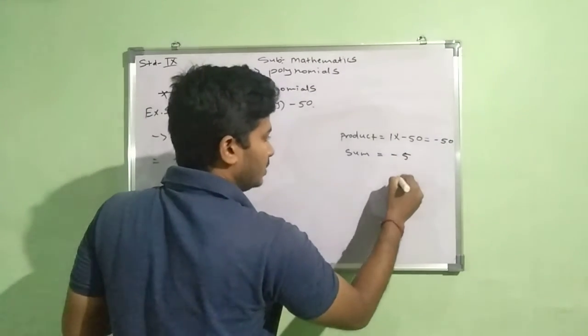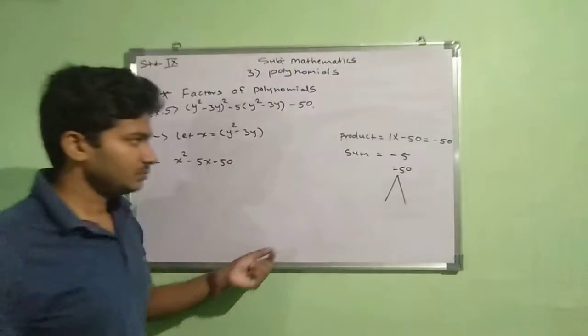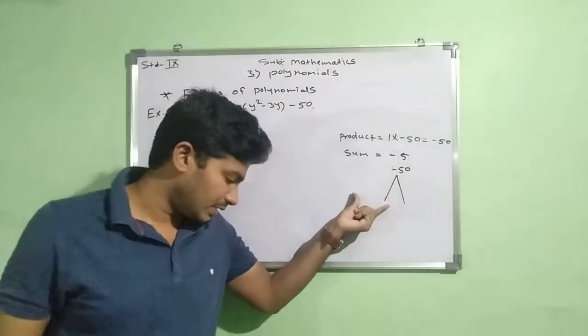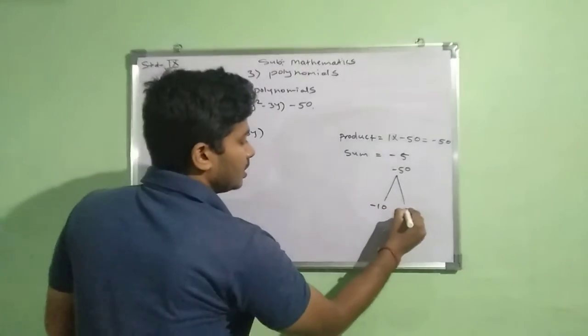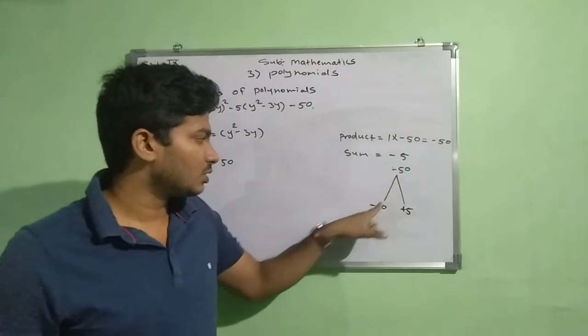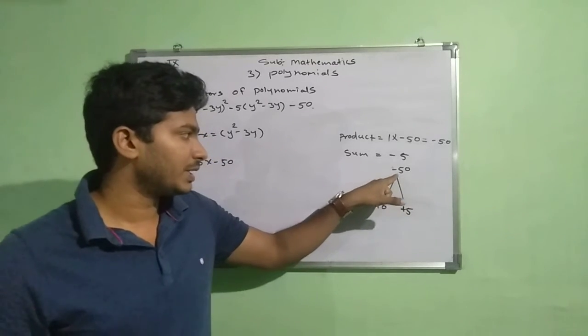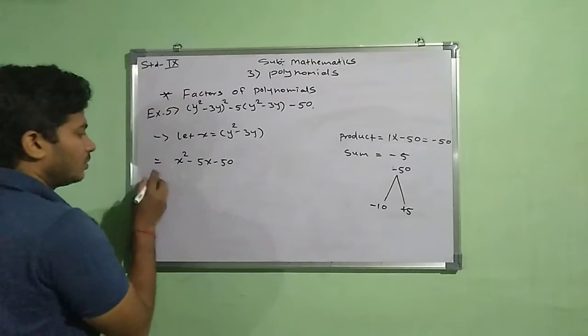So again we have to find two numbers such that their product is -50 and their sum is -5. So we can take -10 and +5. 10 × 5 is 50, and because of the minus sign the product will be negative, and -10 plus 5 will be -5. Now you substitute those two numbers here.